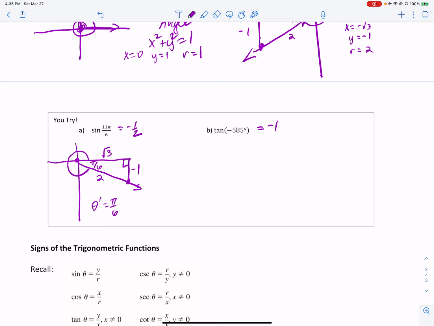And so sine is your y over your r. In this case, x is √3, y is -1, and your radius is 2, and you get a -1 over 2, which is your -1/2.